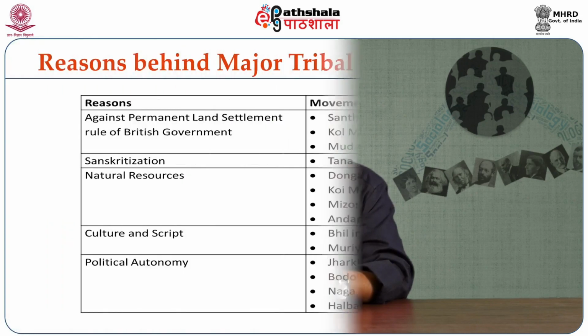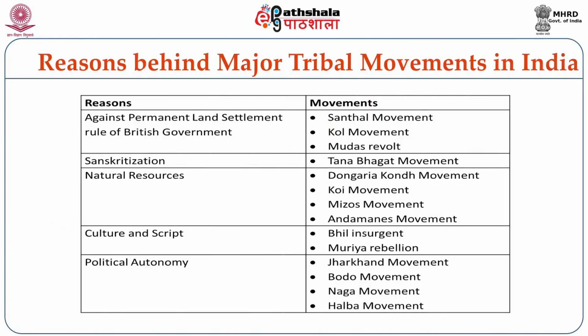Now, the major reasons of tribal movement. I will discuss the major reasons of tribal movement. For example, the Santal movement, Kol movement, and Munda movement all started against the permanent land settlement rule of the British government. Say, for example, the Tana Bhagat movement. Why did it happen?